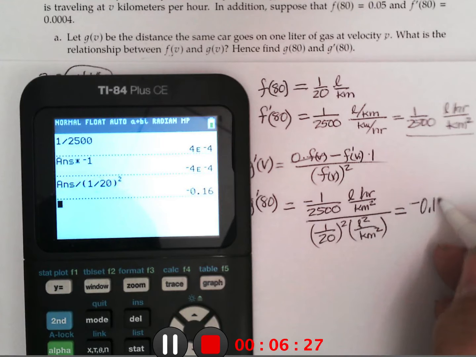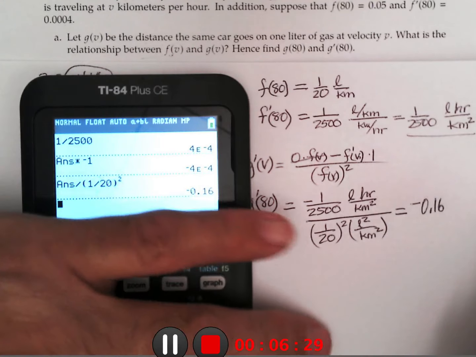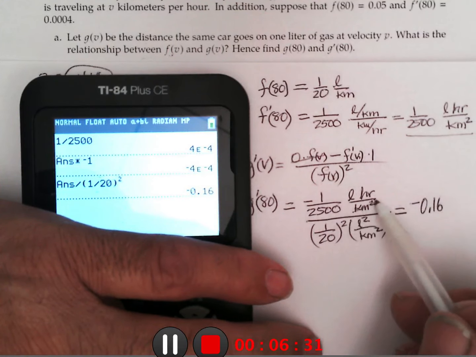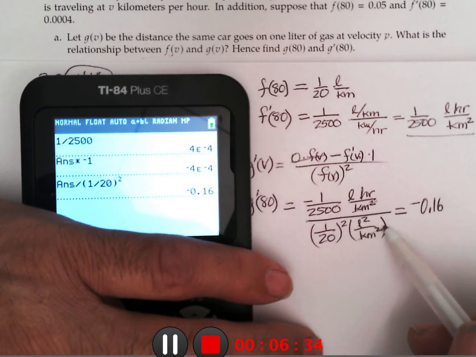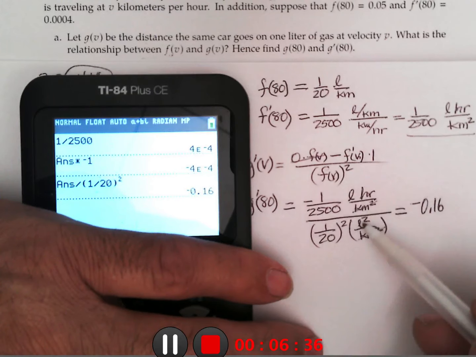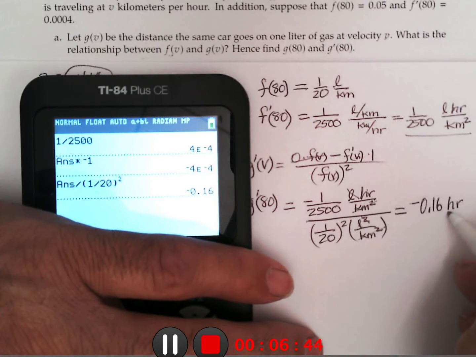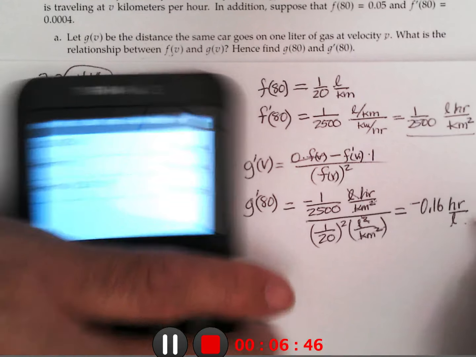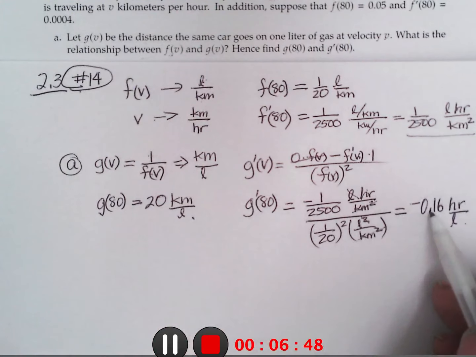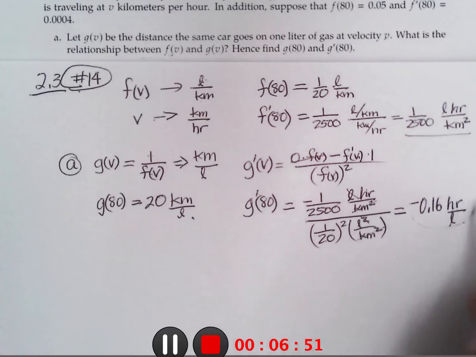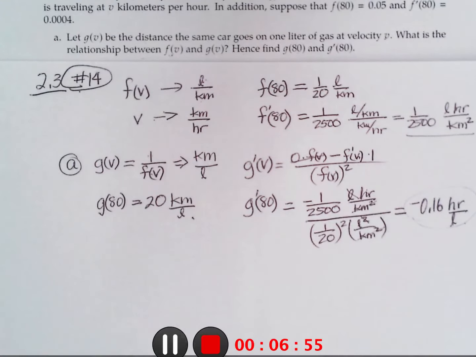And what are the units? These will cancel if you invert and multiply. We'll have liters over liters squared, so one of the liters will cancel, and we'll have hours per liter. So this will tell us how many hours more we can go per liter. Okay, that's A.